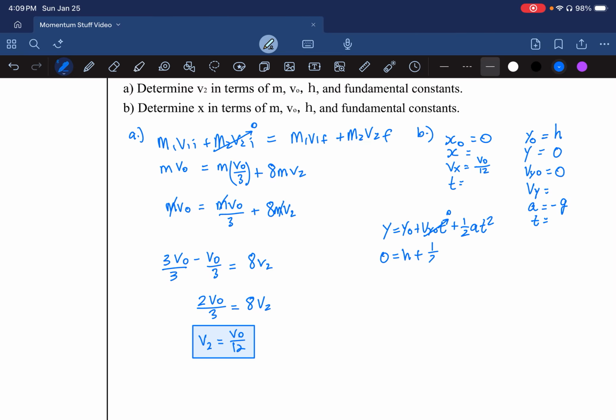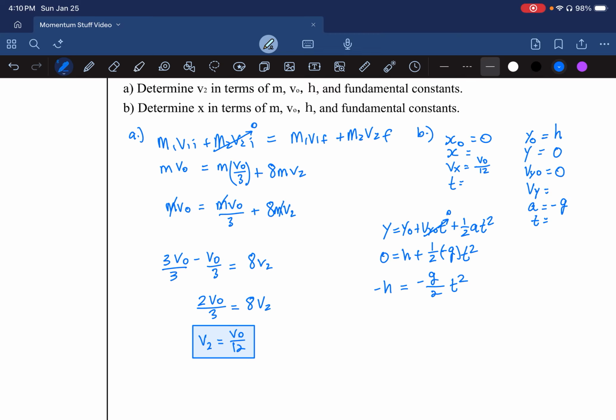And then it's just plus 1 half negative g t squared. How do I want to do this? Since we're trying to isolate t, we can move over the h, get a negative h. And this will be negative g over 2 times t squared, just rewriting that.